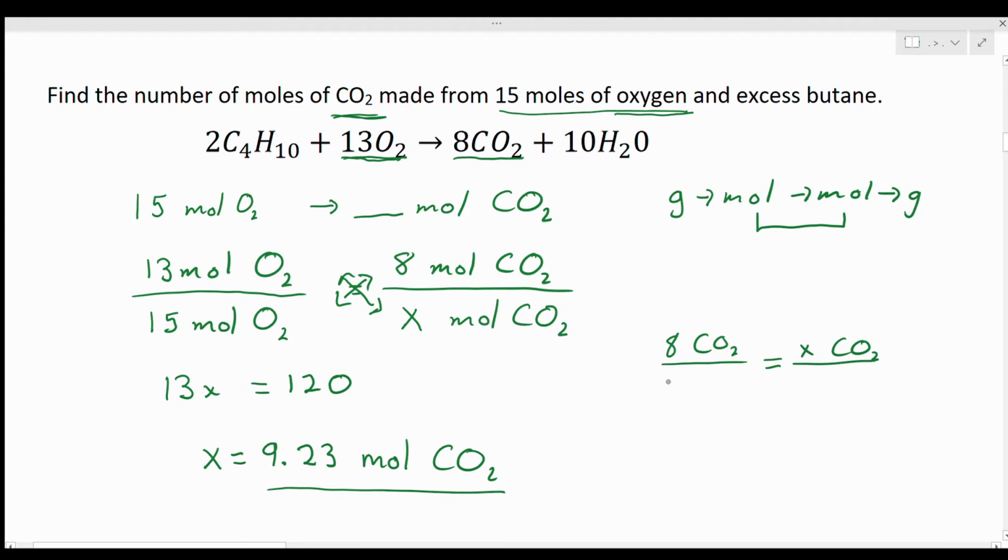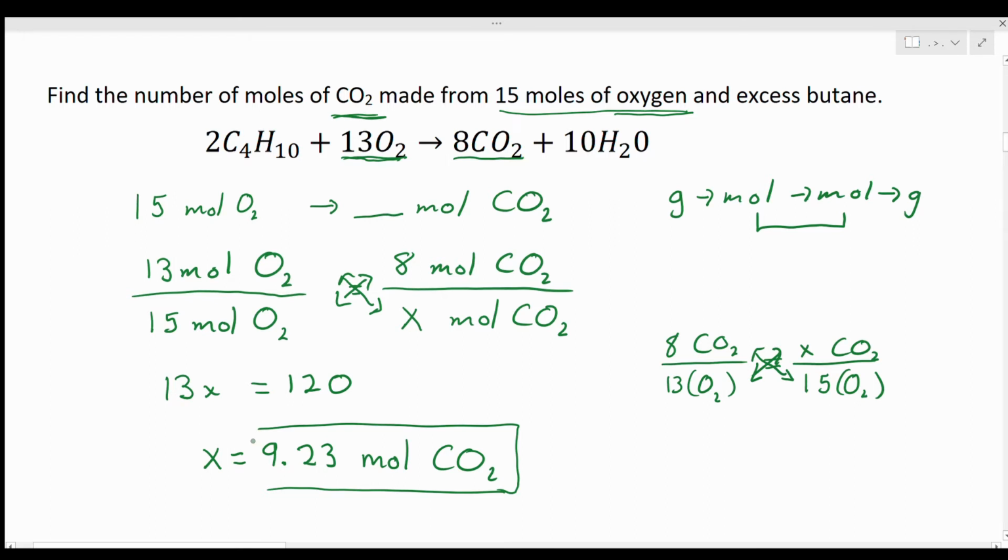What you know is 13 moles of O2. On the other side is your new one, so 15 moles of oxygen gas. You can also write it like this and cross multiply. It gives you the same thing, because all you're going to do is 13 times x, and then also 15 times 8. It's the same thing. Okay, so we wrote our proportion and we figured out that this is going to be our answer.